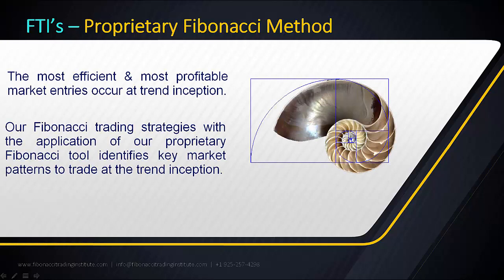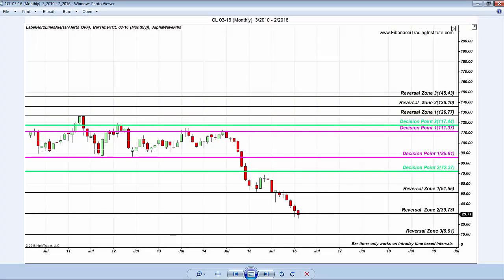Most efficient and most profitable market entries occur at trend inception. Here's a couple of reminders of what played out in the market. Here's oil in 2016. This is a chart that's been present in the trading room since 2011.